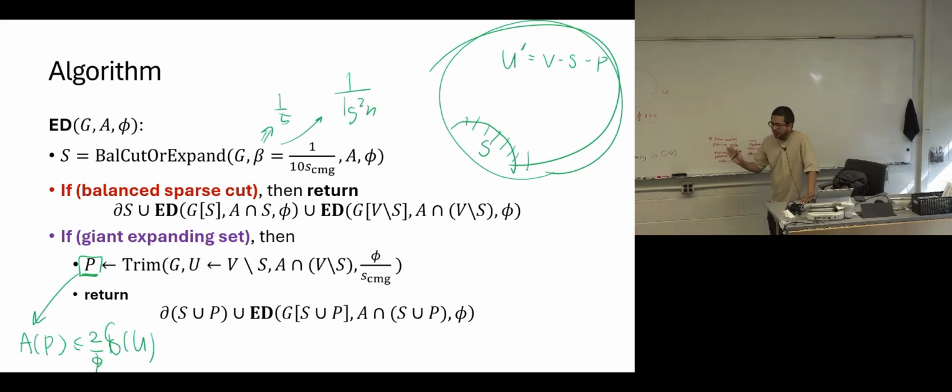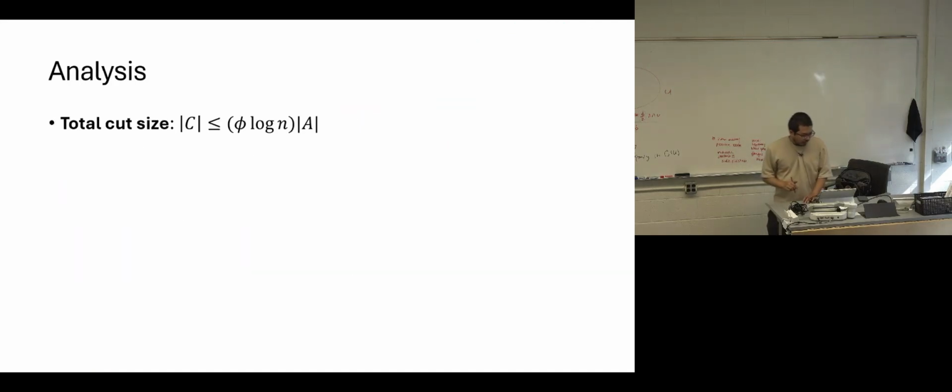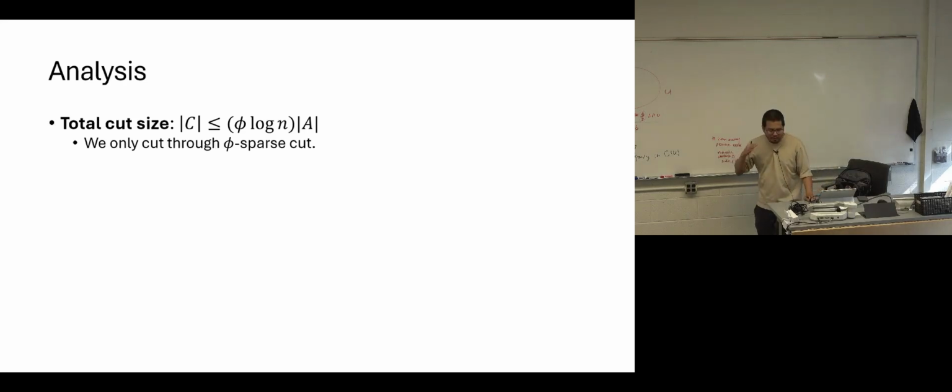Question about intuition first before we go to analysis. First of all, the cut size is going to be the same, because we just cut through a sparse cut. In the balanced case, we just cut; it's a sparse cut.